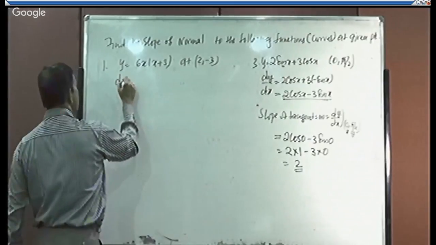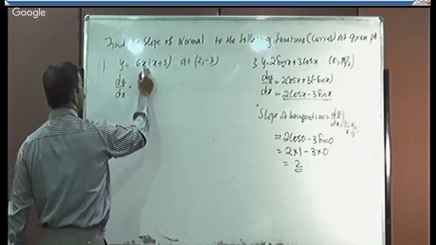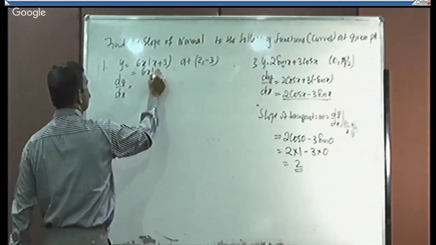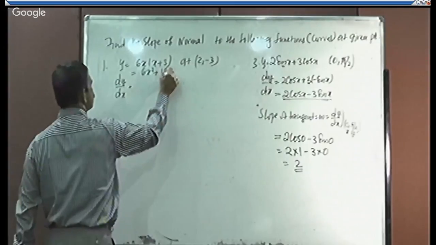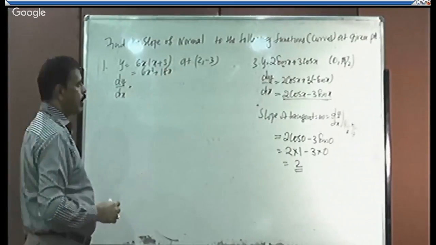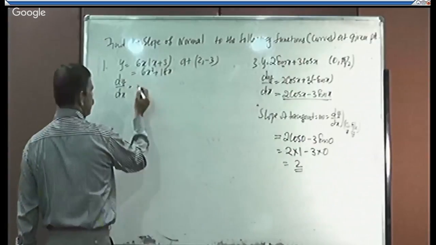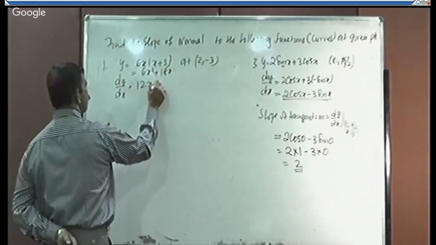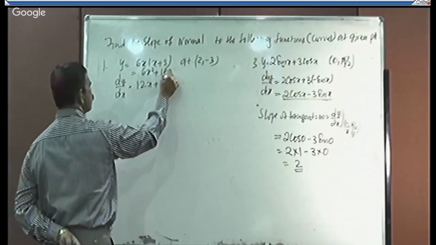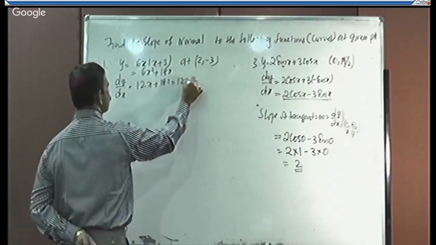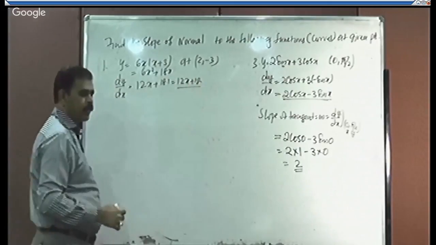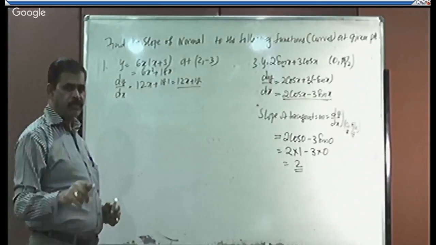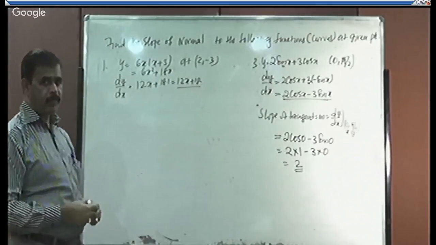Multiplying, 6x into x is 6x square plus 6 into 3, 18x. This is the function simplified. Now, after differentiating, you get 6 into 2, 12x, plus 18 into the differentiation of x, which is 1. It is 12x plus 18. After the differentiation, first we need to calculate the slope of tangent. Using that, we can get the slope of normal.